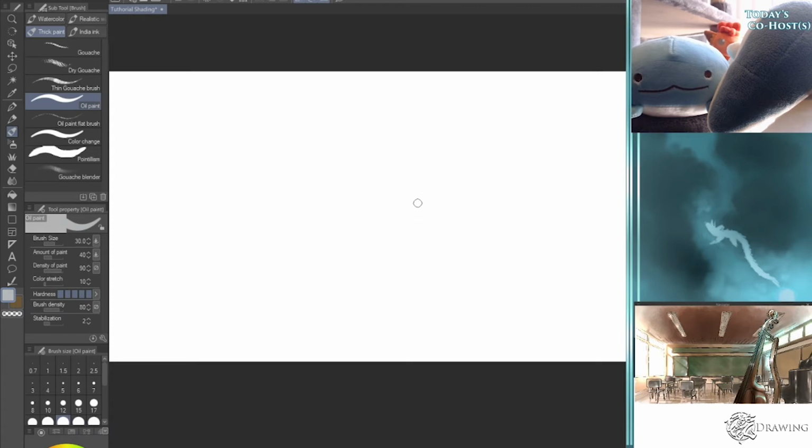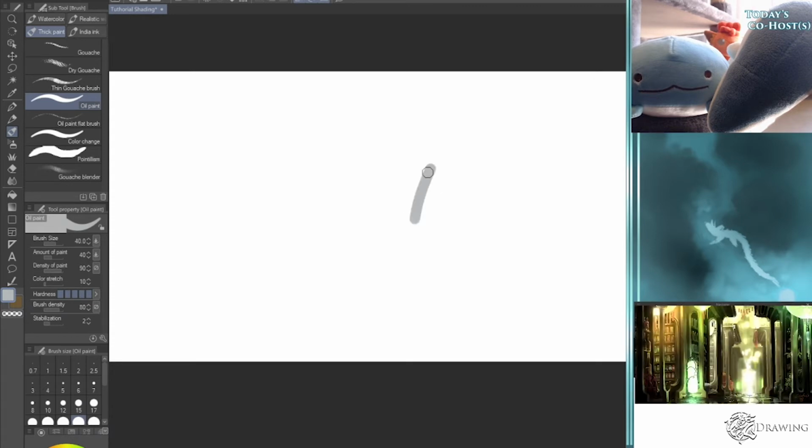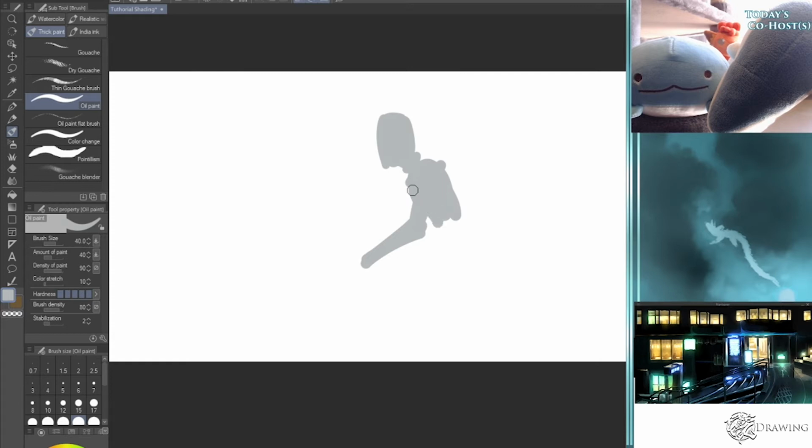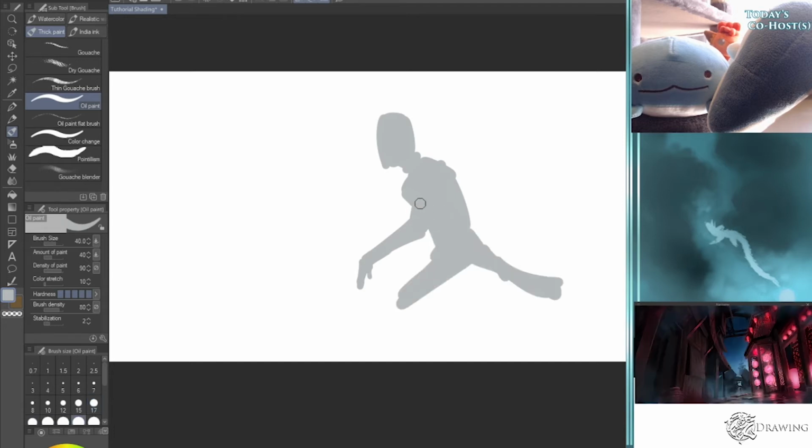Here's a more concrete example. Say you're drawing a person. I know most of you are character artists, right? So we have the outline of an arm here, right?